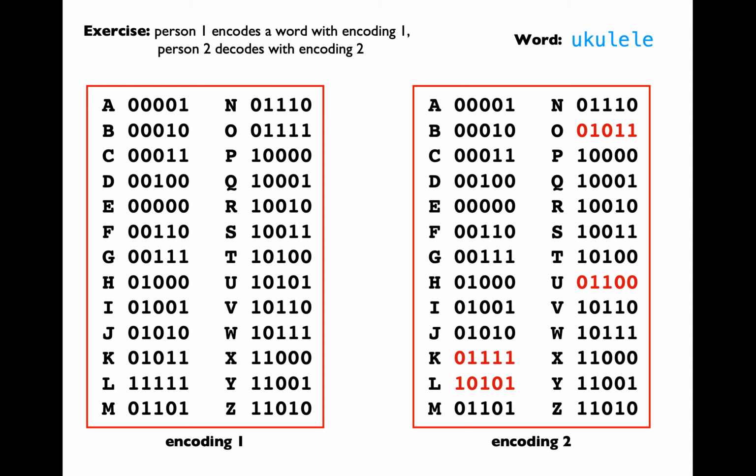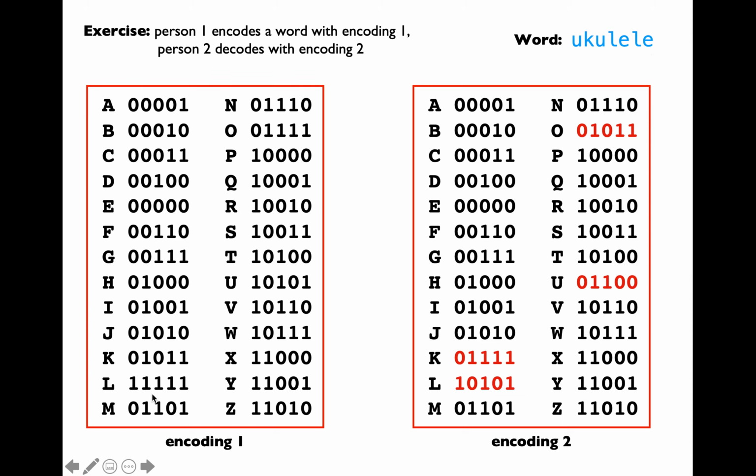We are going to go through a fun exercise now. Unfortunately, this exercise would have been so much more fun if you could do it with a partner. So instead, I'm going to assign both the role of an encoder and the role of a decoder to you. Notice that I have a word up on the top right corner here which says ukulele, UKULELE.